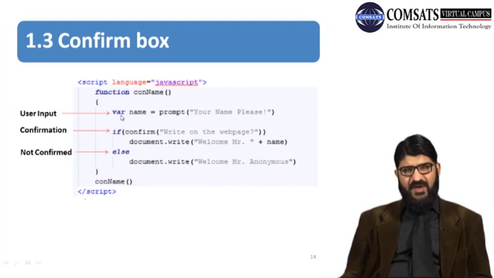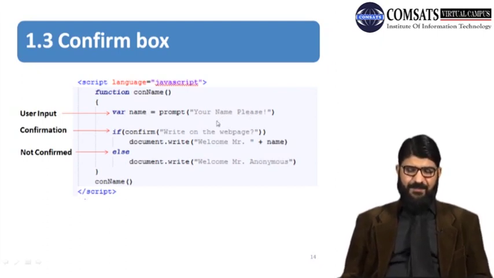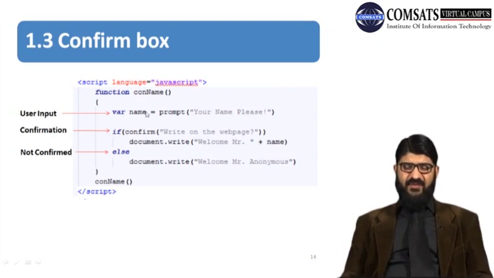Now see, the first variable is given, name, that will be taken from the user with the help of the prompt function. Your name please, or you can write enter your name please. So it will be saved in the name variable. Then a conditional statement if is mentioned.